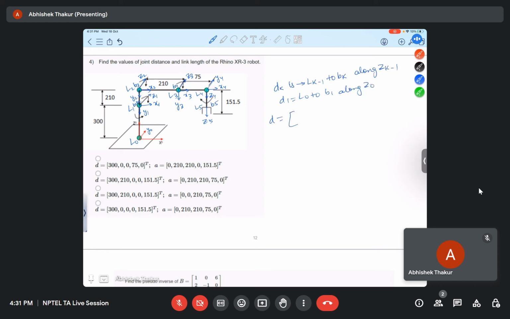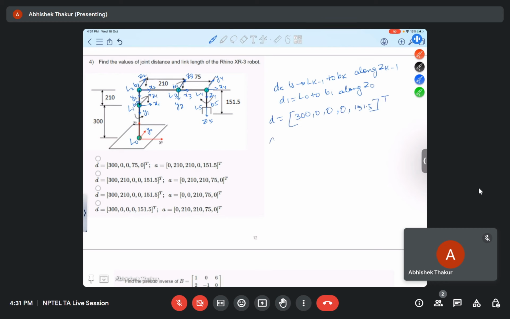L naught to b1, b1 is at 300, so it will be 300. Next is L1 to b2. L1 and b2 are coinciding, so it is 0. Another one is L2 to b3, again 0. Next one is L3 to b4, again 0. And another one is L4 to b5, so this is 151.5. So this is our D.